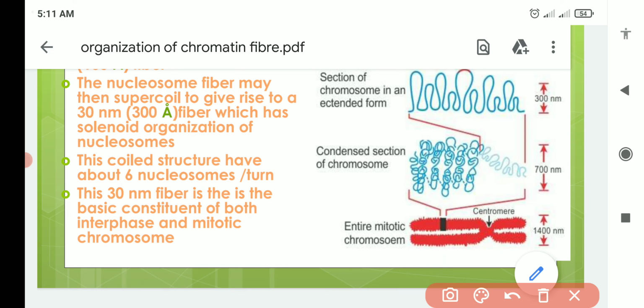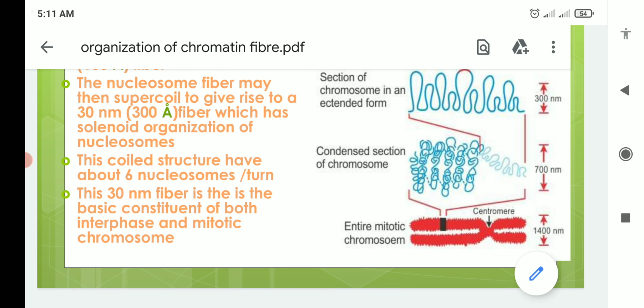If you see a small section of a chromatid, you will see this type of structure, which is approximately 700 nanometer in diameter. If you see a smaller portion of this 700 nanometer structure, you will see that it is made up of the 300 nanometer diameter chromatin fiber.